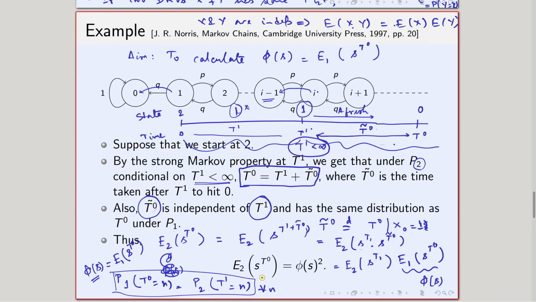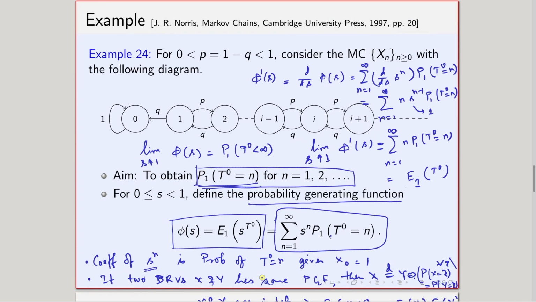So if this is true, then if you just go back, I can write this quantity the same as the sum over n equals 1 to infinity of s to the power n times P(T1 = n starting from 2), and this one is nothing but the expectation, starting from 2, of s to the power t1.